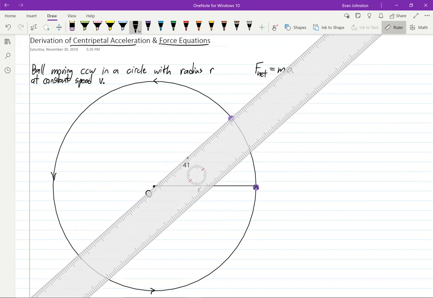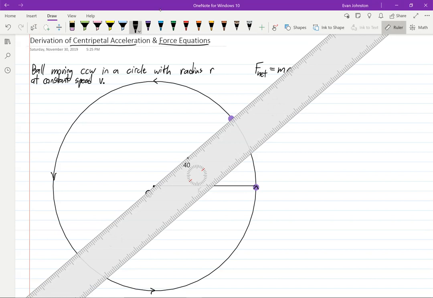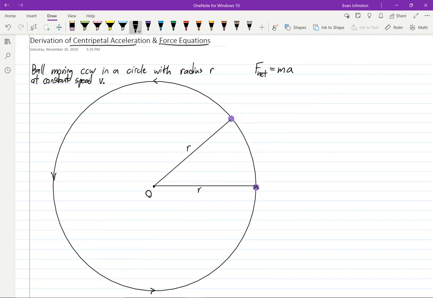The string isn't changing, or whatever is causing this ball to rotate isn't changing. So we have the radius, and let's call where it starts A, and this later position B. In the time it takes to go from A to B, it's gone through some angle that we will call theta.